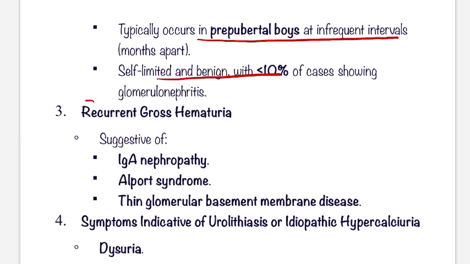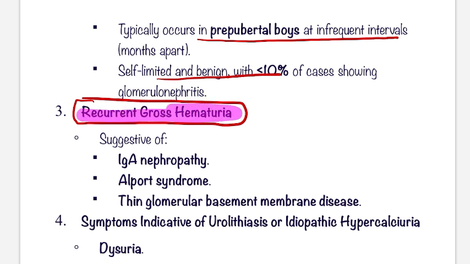If we are facing recurrent gross hematuria, this is an important consideration, and every pediatrician should know what the causes of recurrent gross hematuria are. IgA nephropathy, Alport syndrome, thin glomerular basement membrane disease.